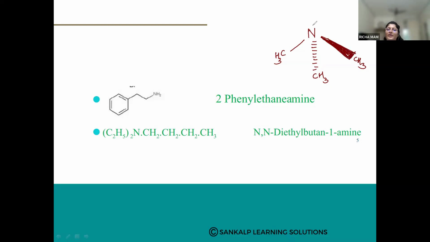Here you can see there is a lone pair present on the nitrogen. Let me explain this now.